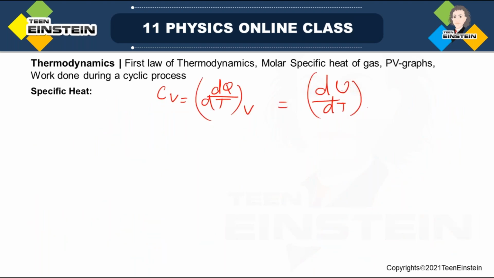When I write constant pressure, Cp can be written as dq by dt at constant pressure.